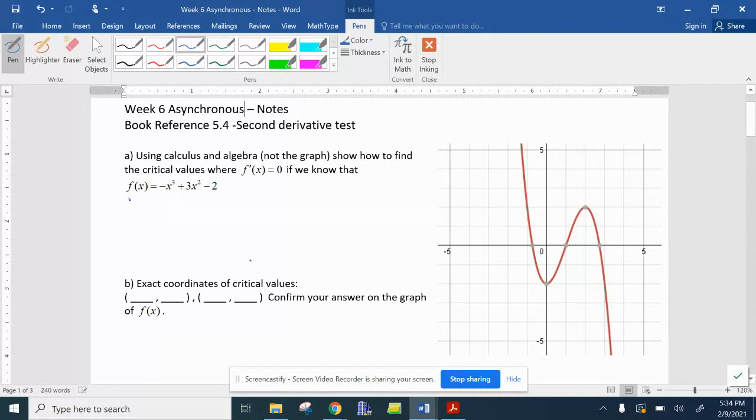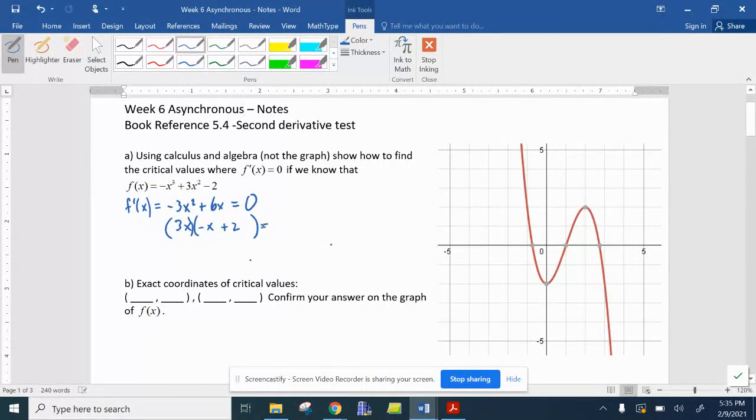So going ahead to find our derivative, we're going to use the power rule to get minus 3x squared plus 6x. And if I want to find out where that's equal to 0, I'm going to want to factor out a common factor. It doesn't have to be the greatest common factor, but I'm going to factor out a 3x from both. That'll leave me with a negative x plus 2.